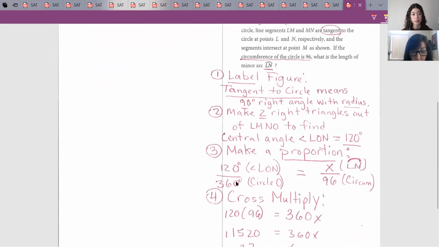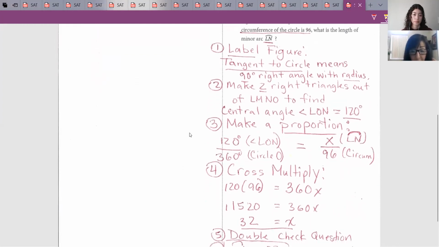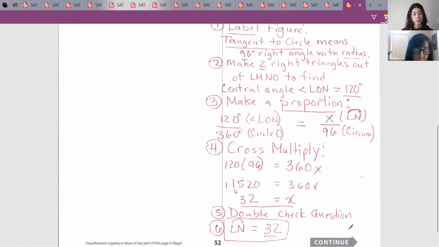So there we go, 120 out of 360, X over 96. You can reduce it if you want, but since you have a calculator, there's no reason to really. We're going to cross multiply again, things we did a long time ago. So 120 times 96 equals 360x. That gives us, with our calculator, 11,520.